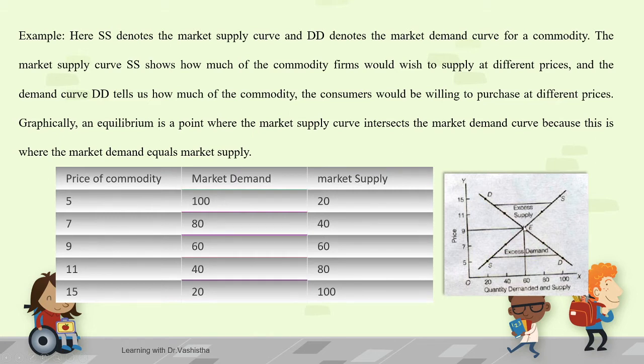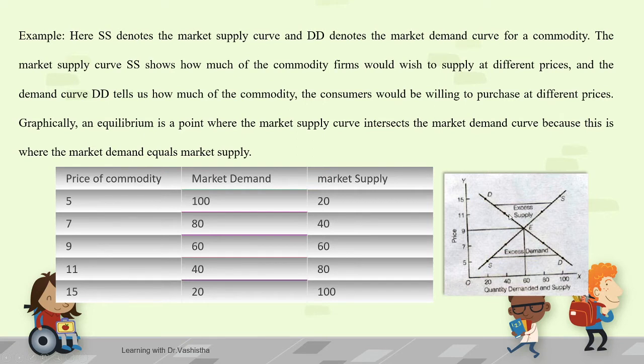Demand has gone down because prices have gone up. Further, if the prices are increased, demand will further go down and supply will further go up. So when the price is 50, market demand has gone down to 20 and market supply has gone up to 100.